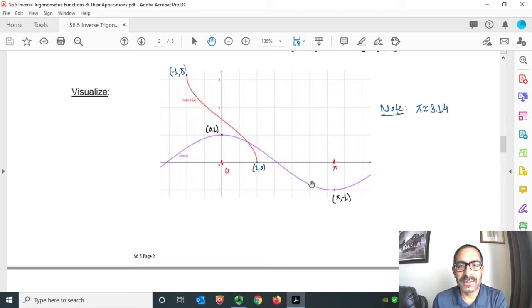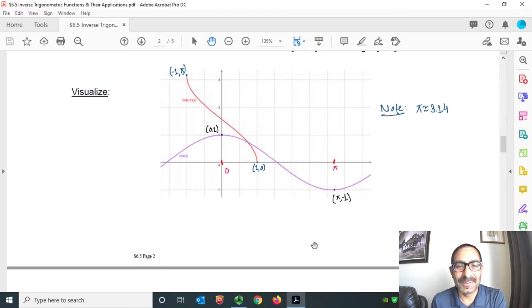Then we are reflecting this graph across the line y equals x, the diagonal line, and the inverse function's graph looks like this one here. This is the inverse cosine x graph. So the domain of the inverse cosine graph is from here, minus 1 to positive 1, and the range is from here to here, 0 to pi. I hope this makes sense to you all.